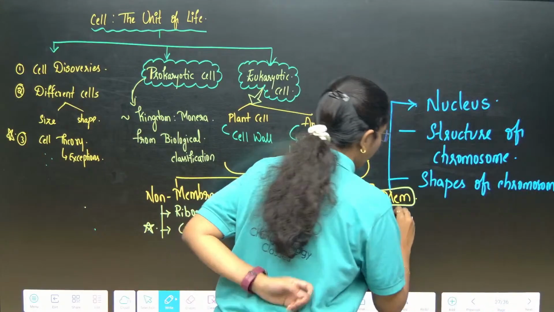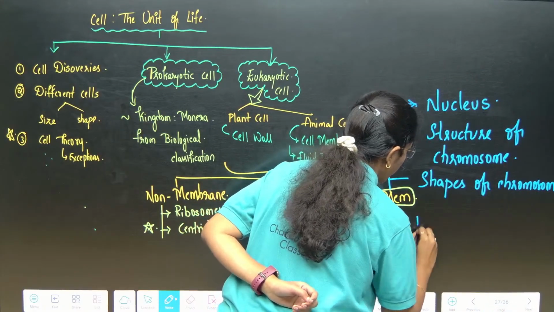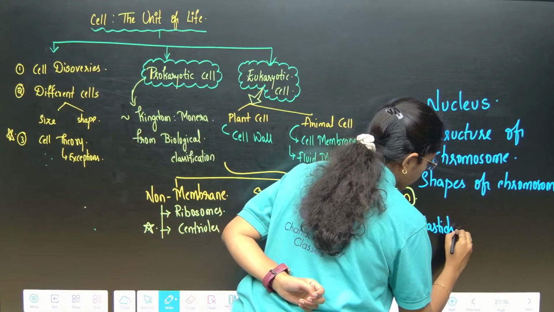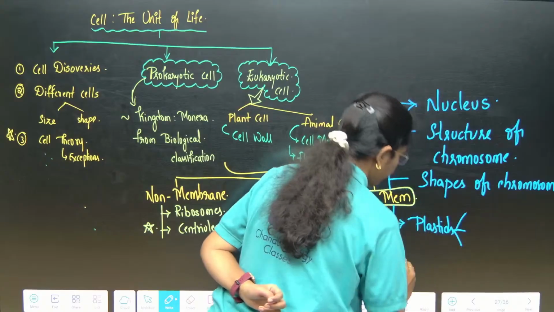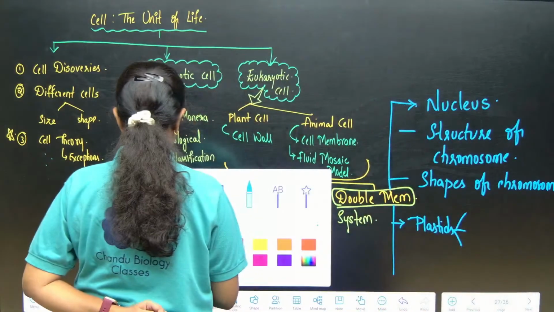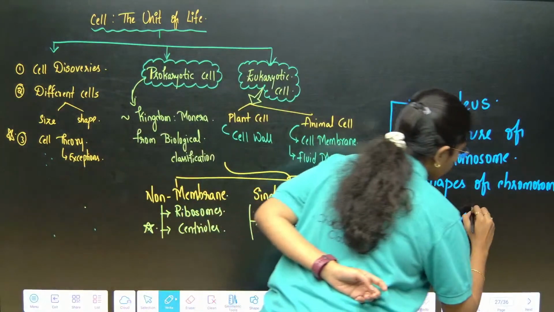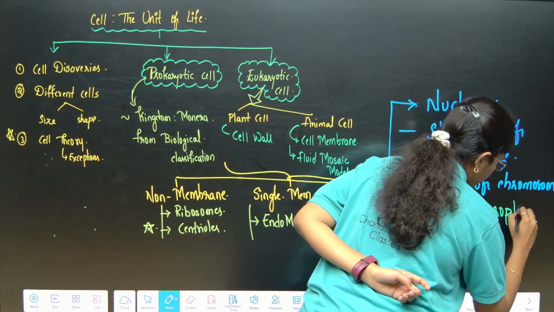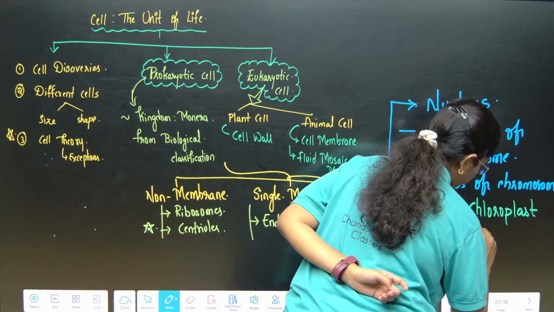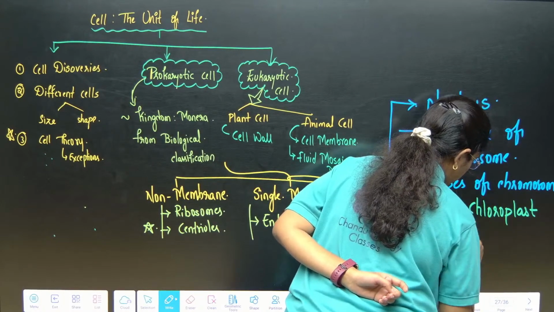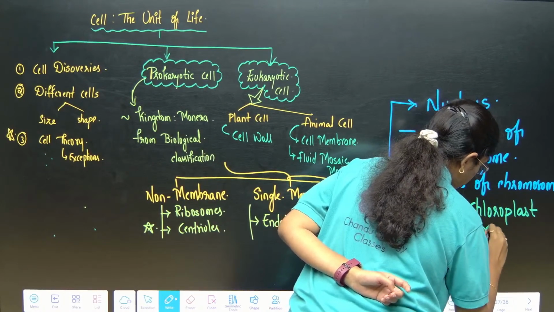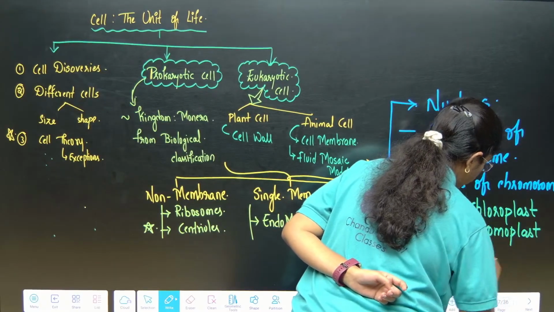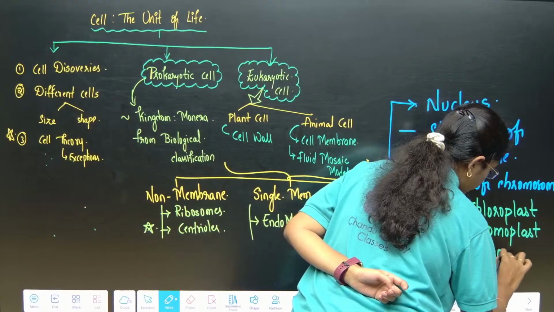Fine, right. After which you have to go through plastids. 3 types of plastids again, which includes chloroplast, chromoplast, followed by leucoplast.